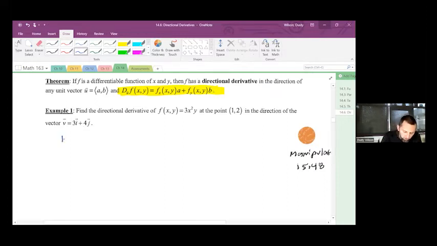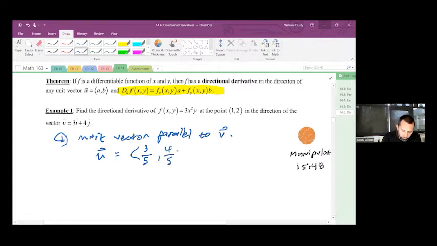So the first thing we need is a unit vector parallel to v. So that would be our u vector equal to 3/5, 4/5. Notice 3/5 is our a, and 4/5 is our b.